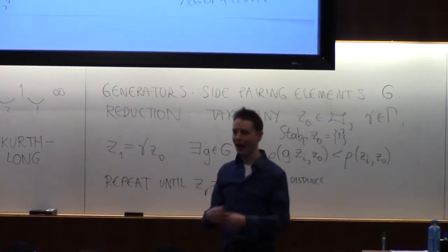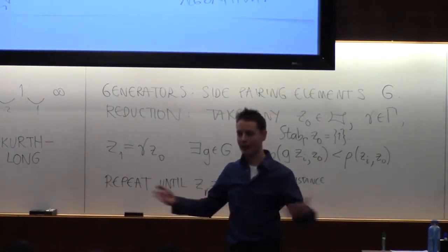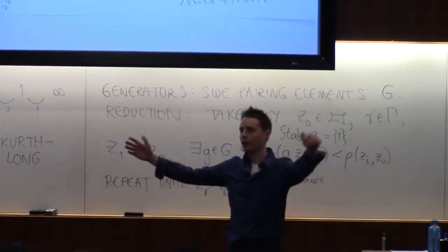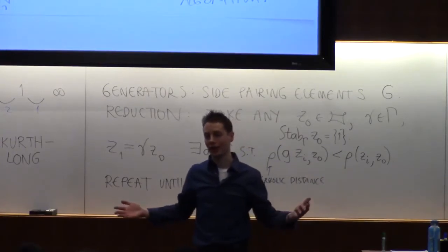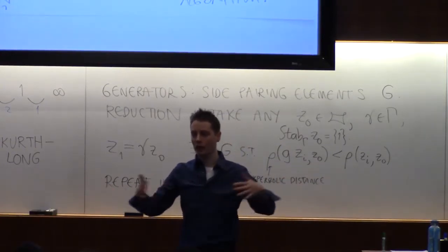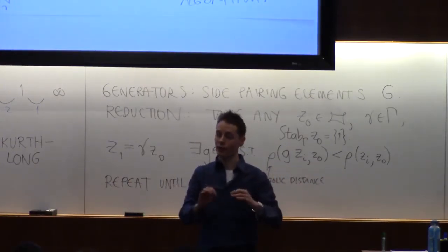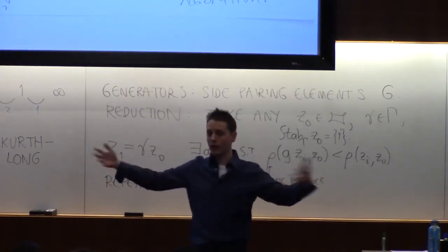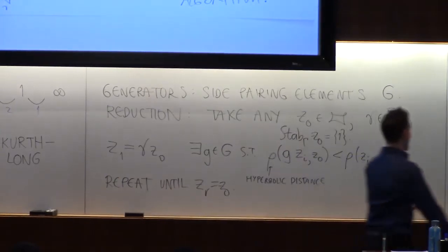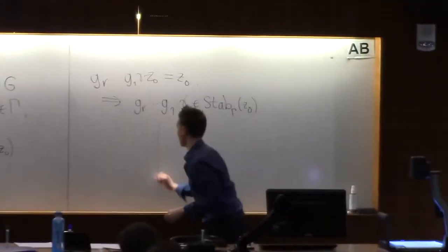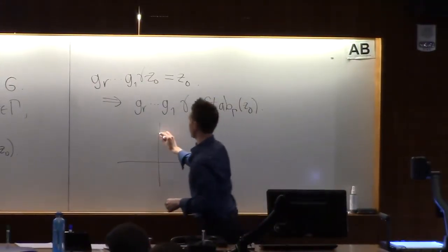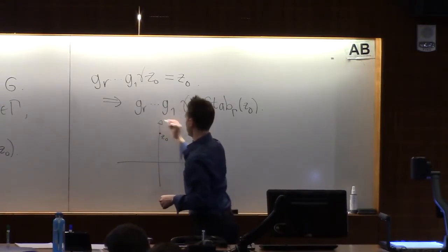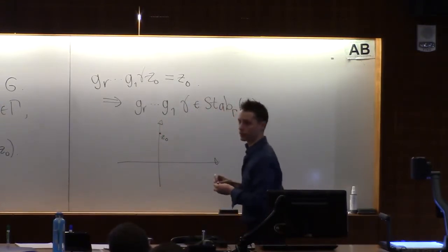You just write out all the words of your group, keep writing them, and you compute something which is called a Dirichlet domain. So you keep track of all of the points that are closest to your favorite point in the upper half plane. Maybe it's 2i or something. So you keep writing, you keep writing, you keep writing. What ends up happening is you'll end up with, so this is your favorite Z0. So this is a way to get back to having tested.